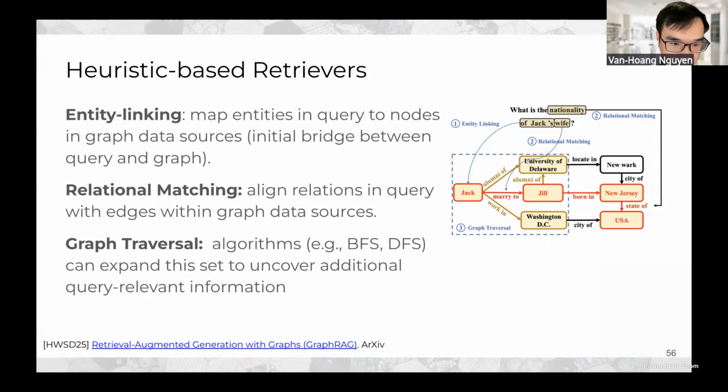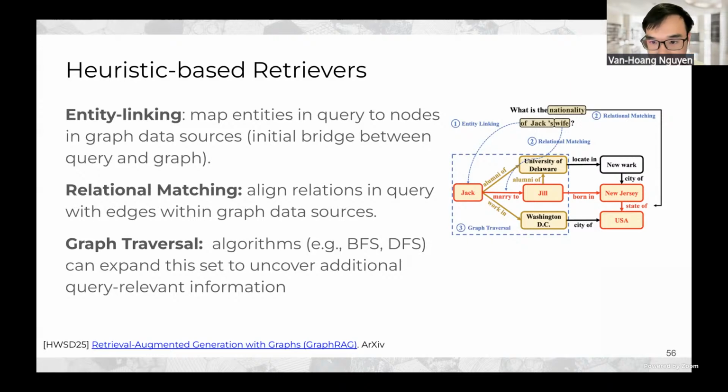In relational matching, we try to align the relations extracted from the query with the edges within the graph data sources. After we have obtained the linked entities and the matched relations, we form a small subgraph of the large graph. And this can be done by algorithms such as BFS or DFS.